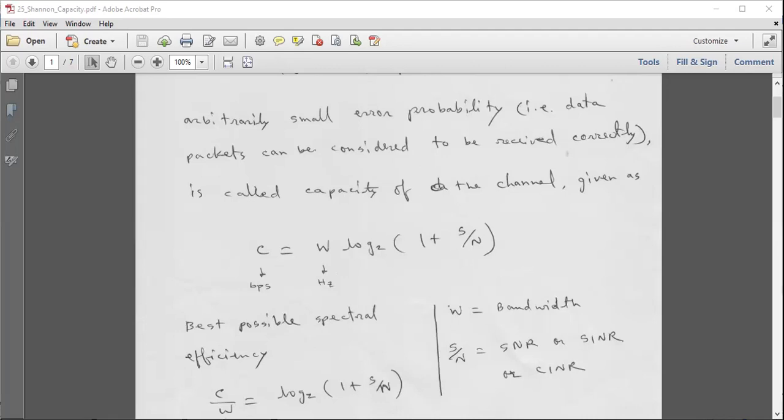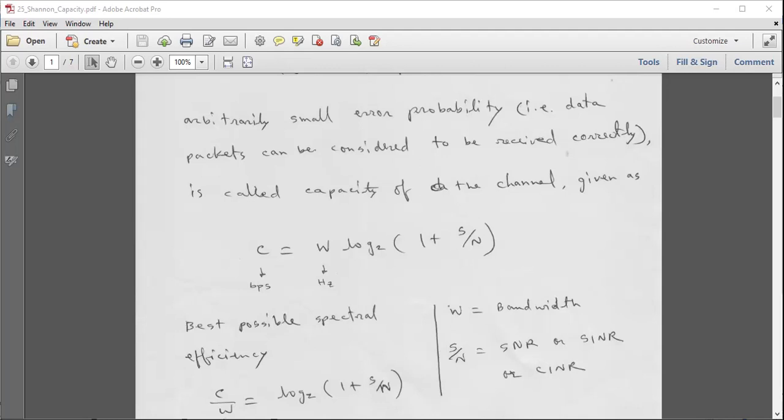And when you send the symbols, the rate is a little smaller, 3.84 into 10 to the power 6 symbol per second. Got it? 5 and 3.84.